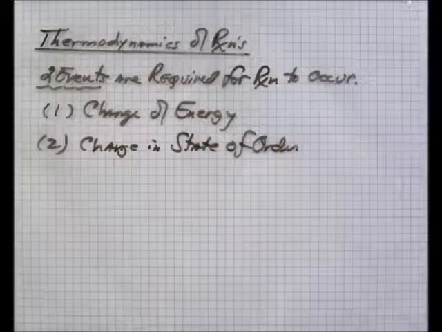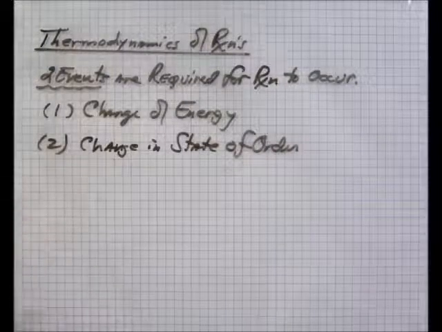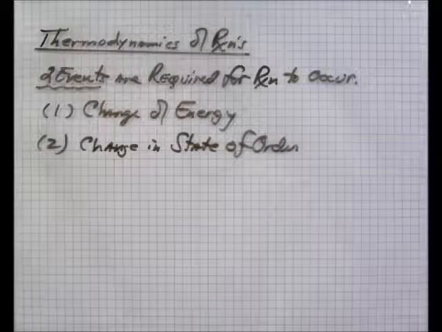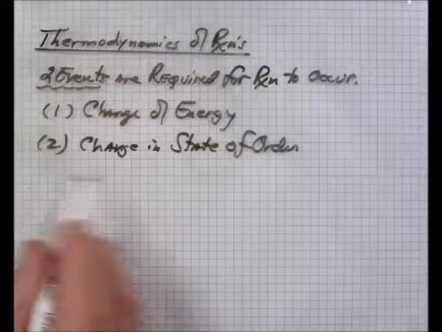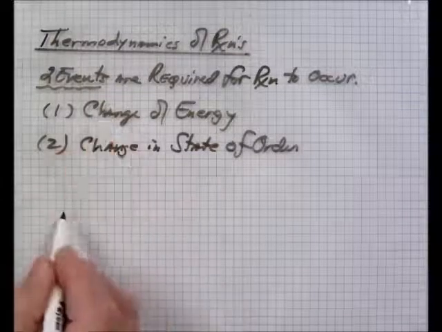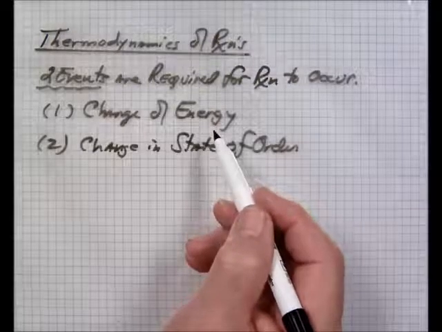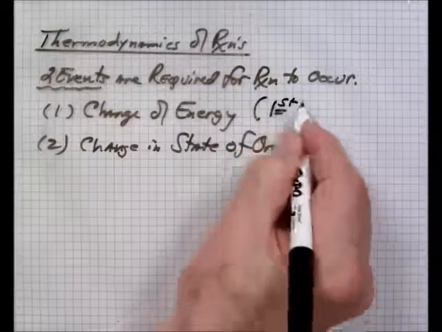So in the nature of what a chemical reaction will do, it's a case of, is it rolling uphill or rolling downhill, is the way I like to present this. So you have two cases. If it's involving the change of energy, you apply the first law of thermodynamics.